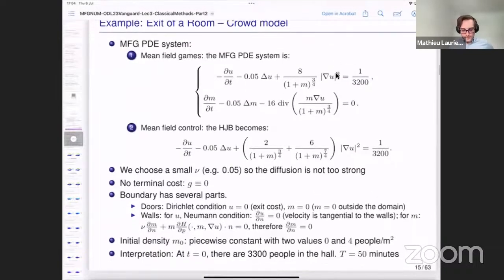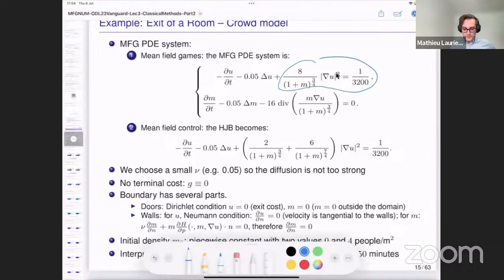All right, so the PDE system looks like this. You may recognize the Hamiltonian here, and also the derivative of the Hamiltonian in the equation below. The mean field control problem has one more term. You notice that here you have this extra term, which is related to the fact that you have somewhere the derivative of H with respect to m.